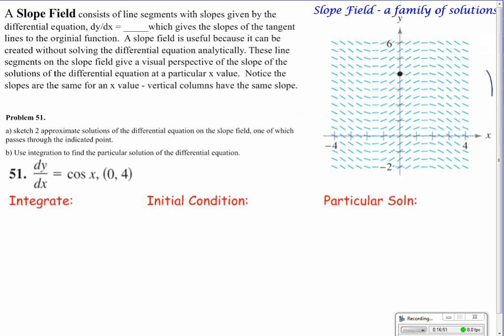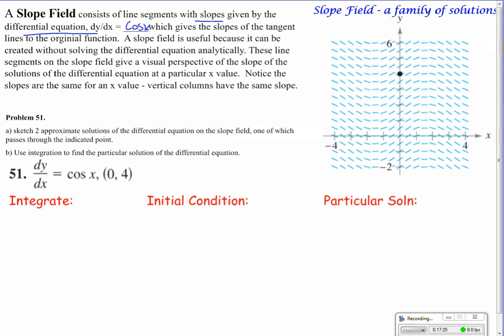It is a way of representing the derivative, because when we solve the derivative, we get all kinds of slopes at particular x values. So this field consists of line segments with slopes given by the differential equation dy/dx equals cosine x, which gives the slopes of the tangent lines to the original functions.